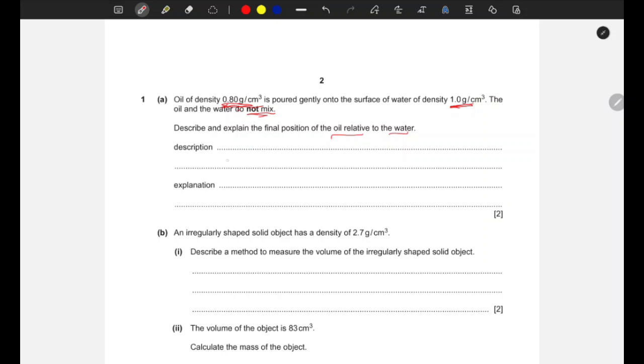So in the description, the oil would float on the water. And the explanation is because oil has less density, or lower density, than water.